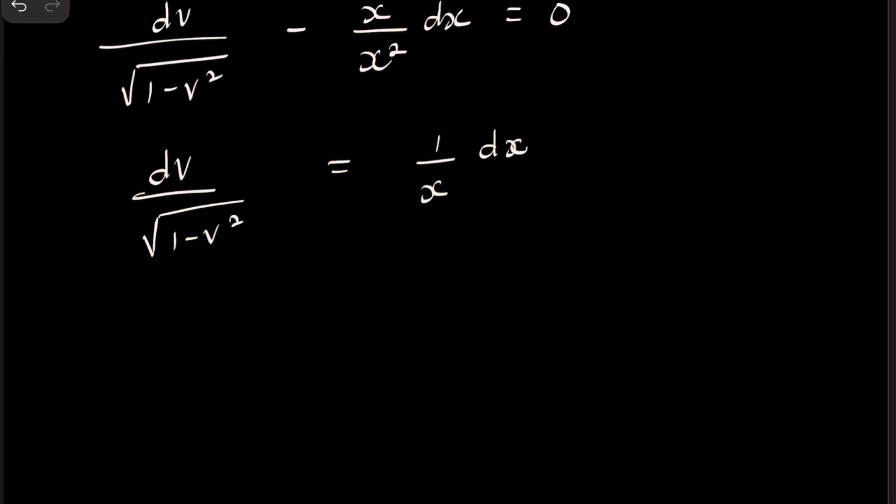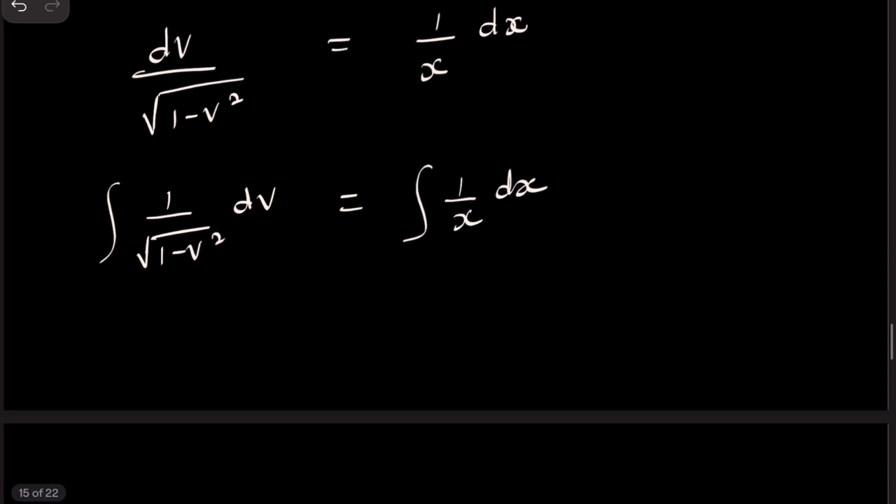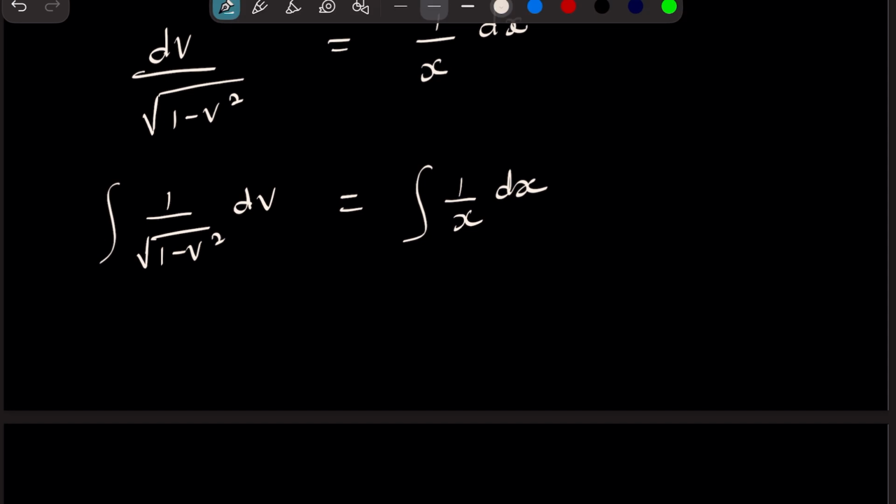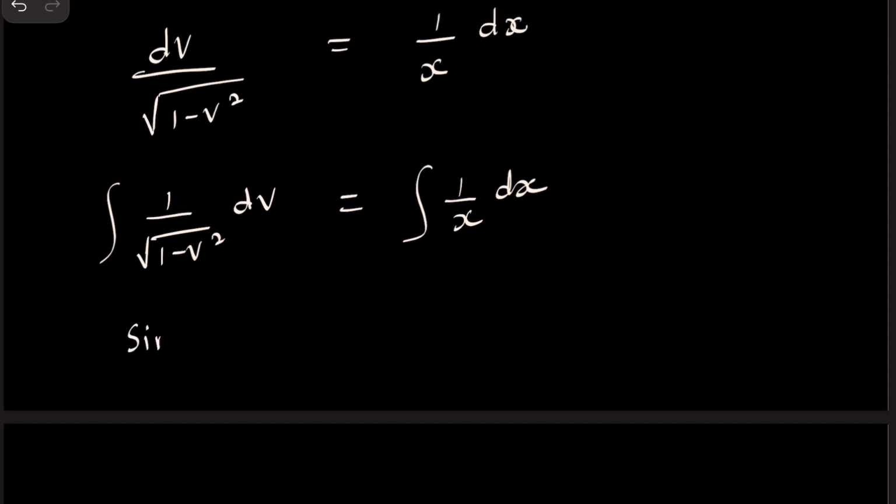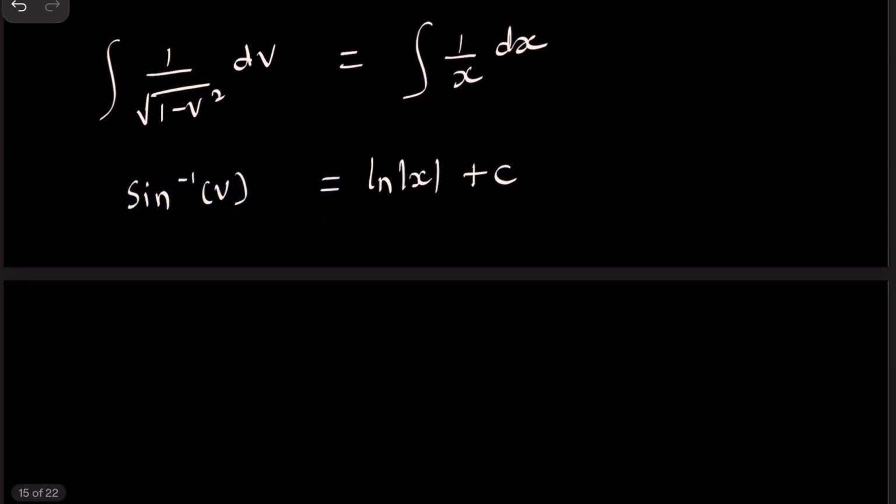We now integrate both sides, and so we are going to have the integral of 1 on square root of 1 minus v squared dv is equal to the integral of 1 on x dx. The integral on the left hand side is an identity, so the integral is giving us sine inverse of v. The integral on the right hand side is ln of the absolute value of x plus a constant c.